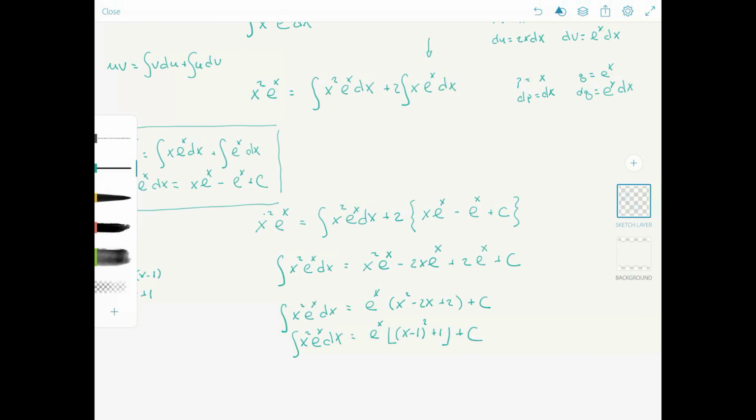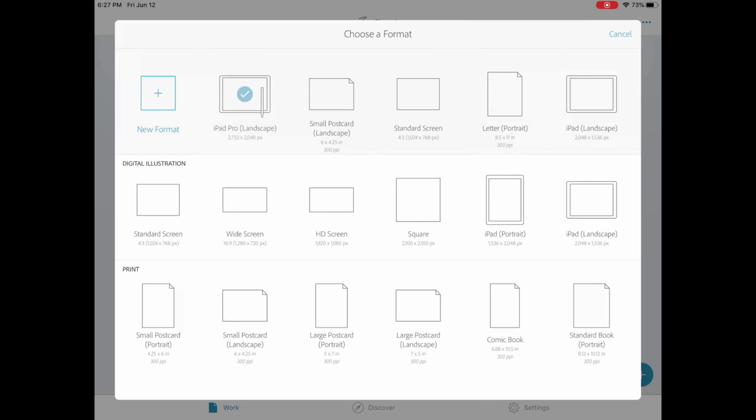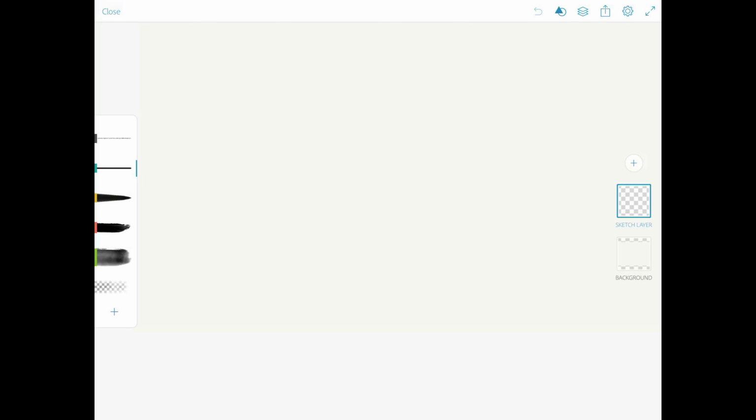So that was an interesting problem. And now here comes one that is even more complicated. It's similar, but it's going to require us to be a little bit more attentive.